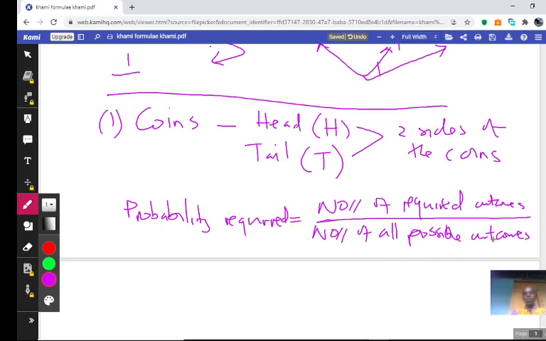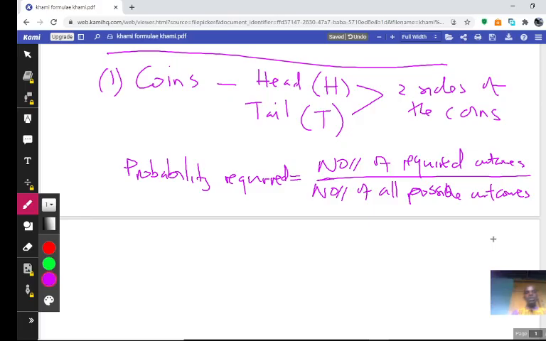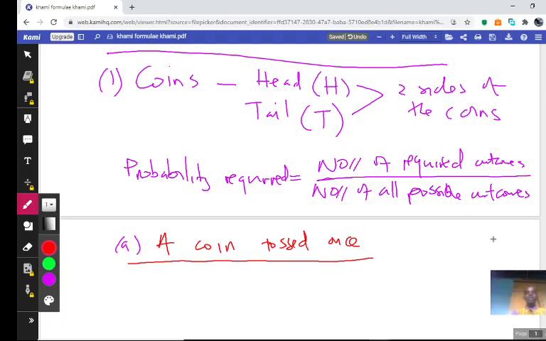Right, let's continue with these coins. First scenario: a coin tossed once. If a coin has just been tossed once, how many possible outcomes are available?